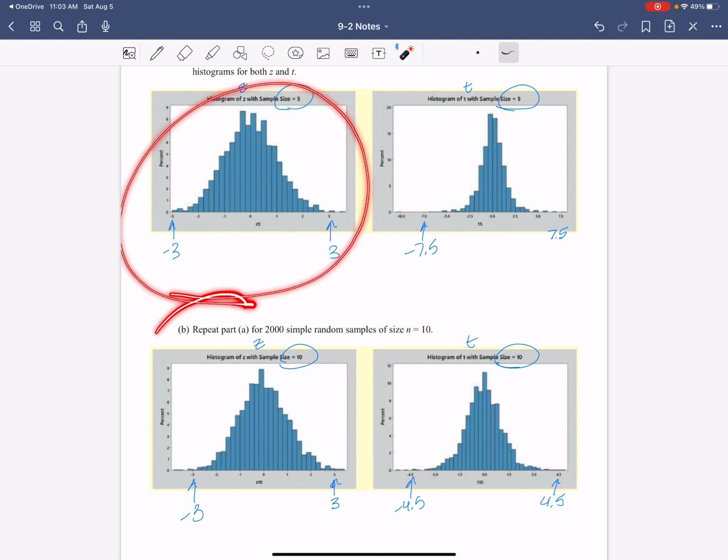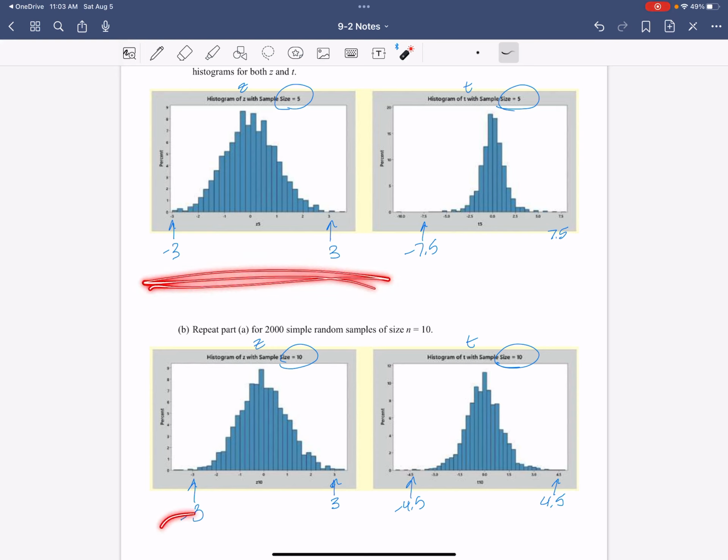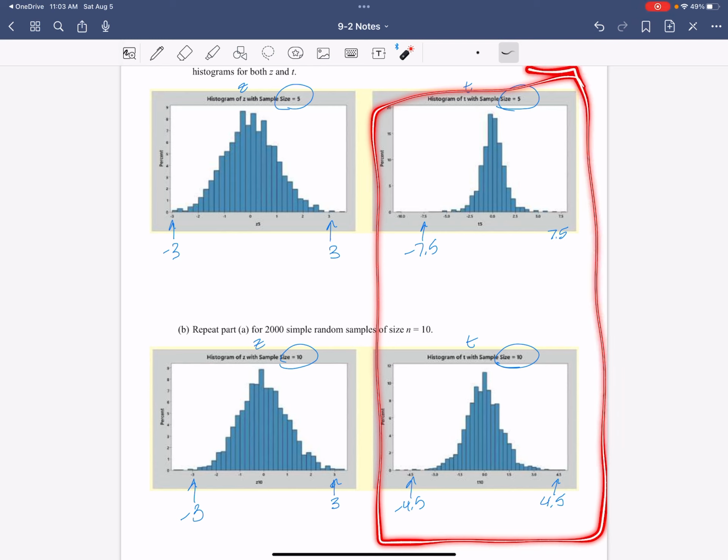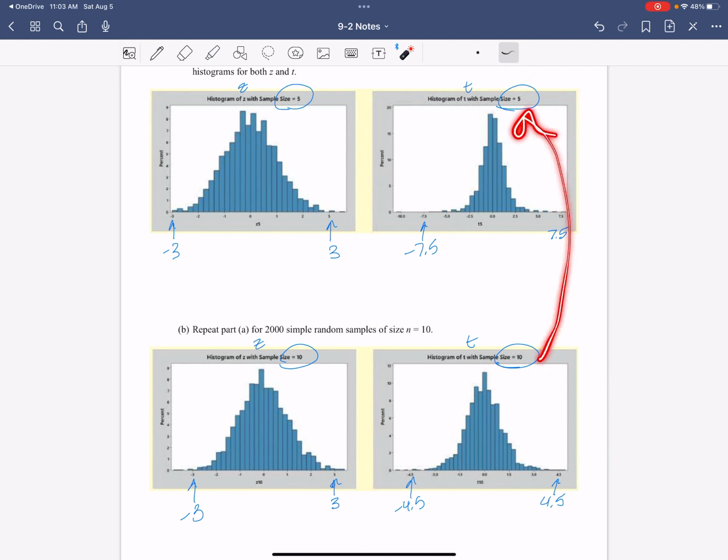If it's normal, then that's why we have that generic normal where my mean is 0 and my standard deviation is 1. That's the normal distribution. If you don't have that, sample size makes an impact. And that's why we talk about degrees of freedom, because it's going to be different depending on this sample.